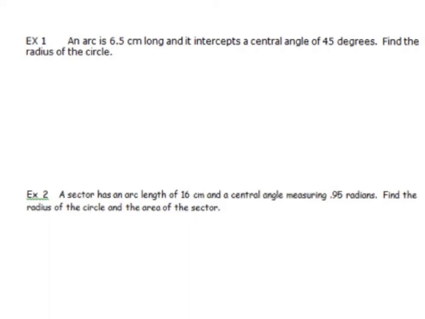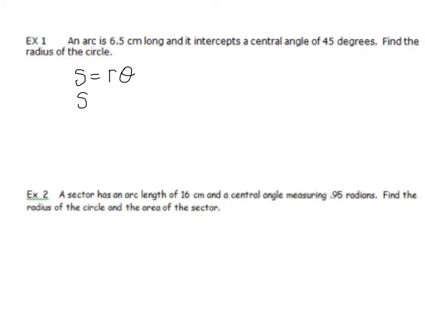Okay, the first example is to find the radius of a circle, given that the arc length is 6.5 centimeters long and a central angle has 45 degrees. So the arc length is equal to r theta, and I'm solving for r.